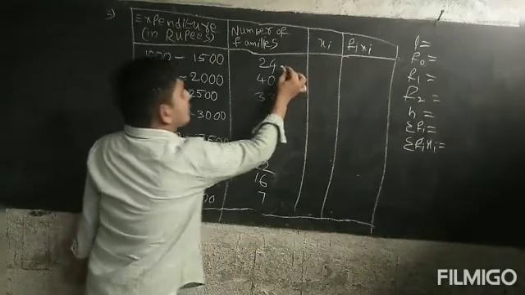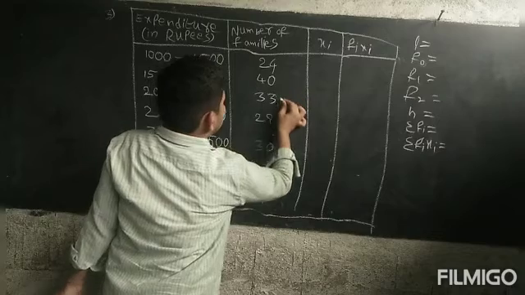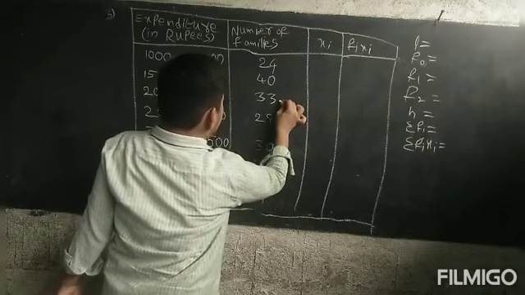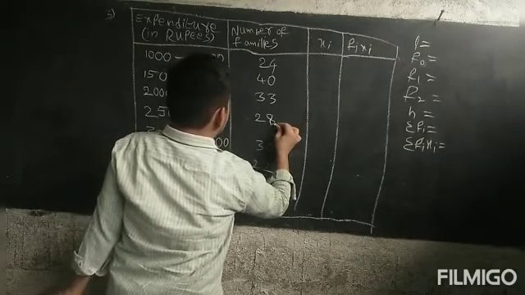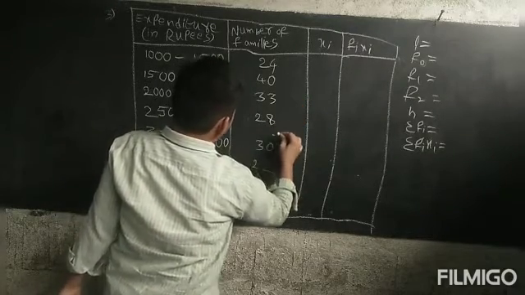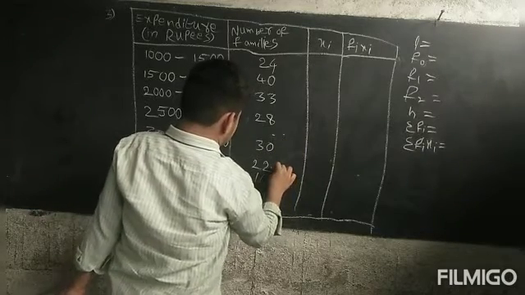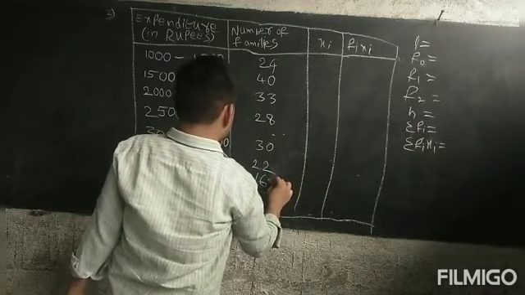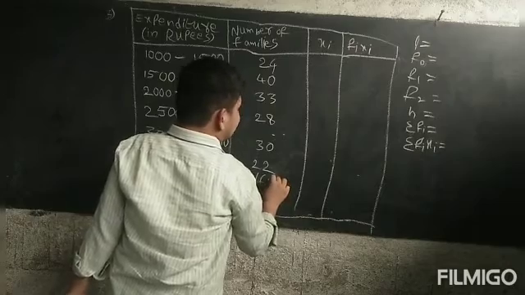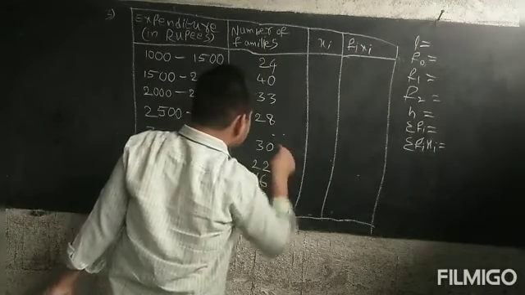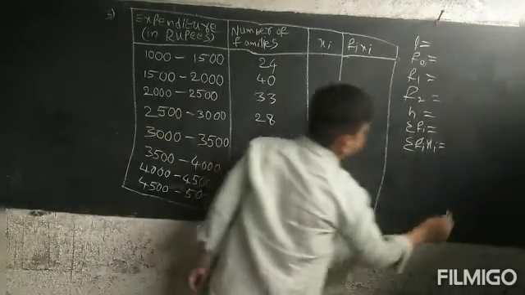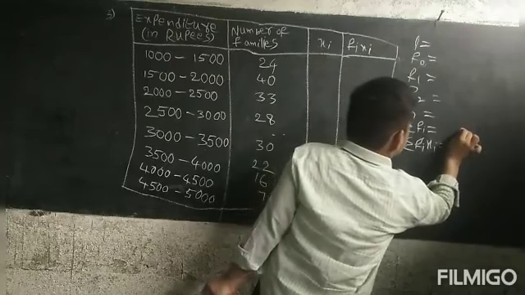Now, 24, 4 plus 0, 4. 4 plus 3, 7. 7 plus 8, 15. 15 plus 0, 15. 15 plus 2, 17. 17 plus 6, 23. 23 plus 7, 30.